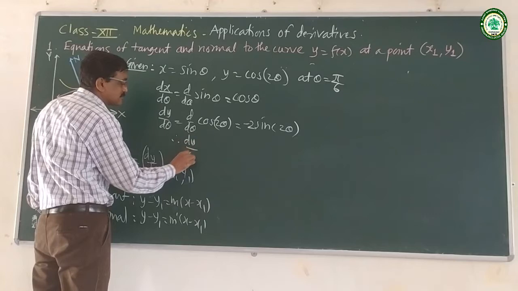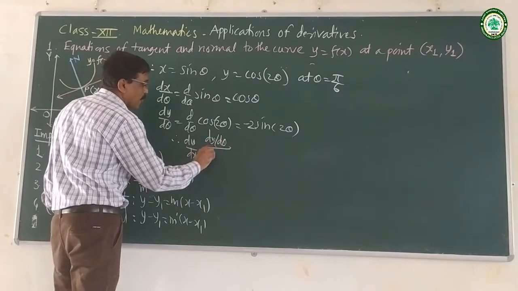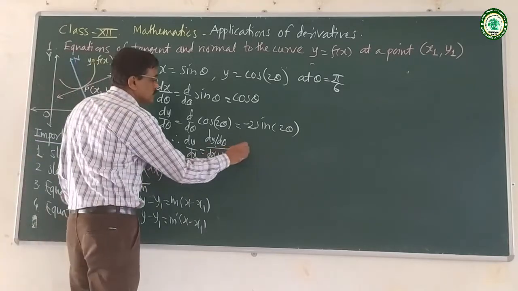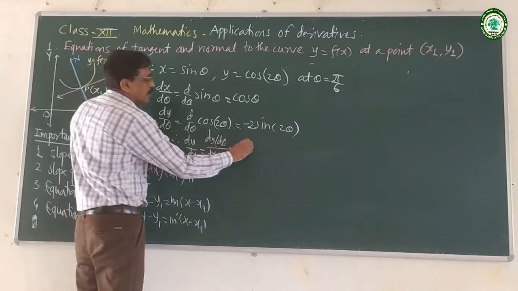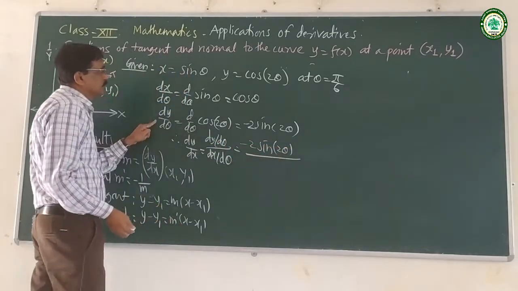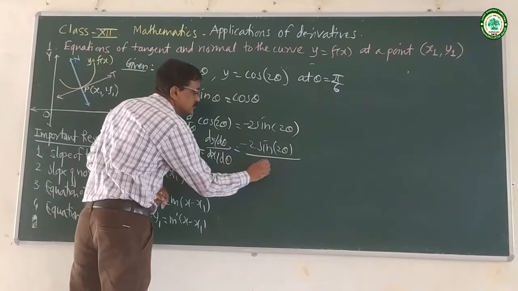Therefore, dy by dx, formula: dy by d theta upon dx by d theta. So it is minus 2 sine 2 theta upon the derivative of x, which is cos theta.